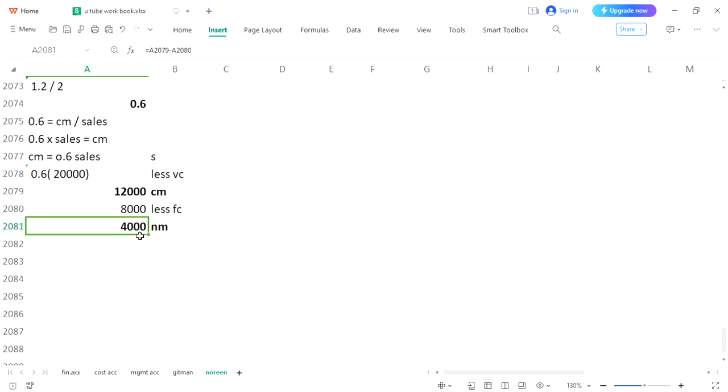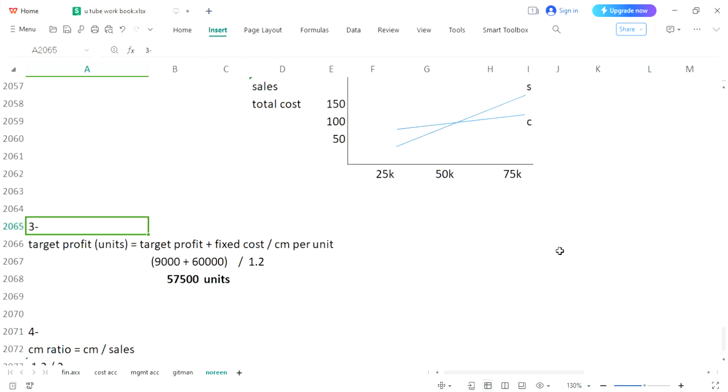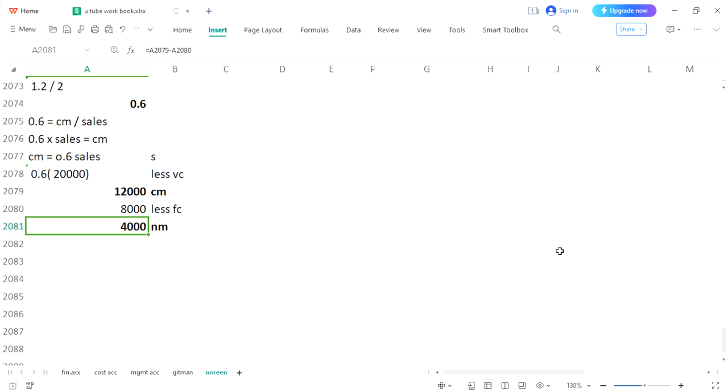So you will say yes, it's a good thing. We should accept and adopt this new strategy with which our net margin is increasing by 4,000. Come to the question and you can see here the answer 4,000 is mentioned. So in this way you have completed your fourth part.